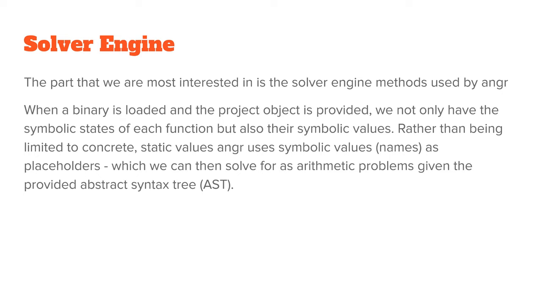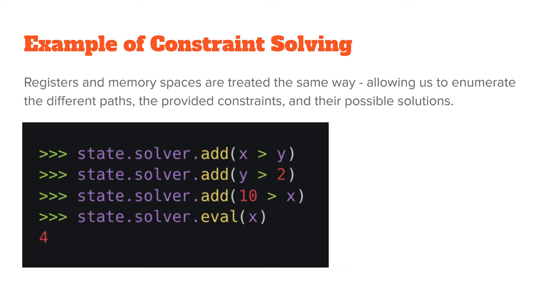Rather than being limited to concrete static values, say like if we did dynamic execution where we provided input at the beginning of that program, and that's a hard concrete value, and then we get whatever output comes from it. Instead of doing that, we're providing symbolic values or names or placeholders, and then solving for it as an arithmetic problem given a provided abstract syntax tree.